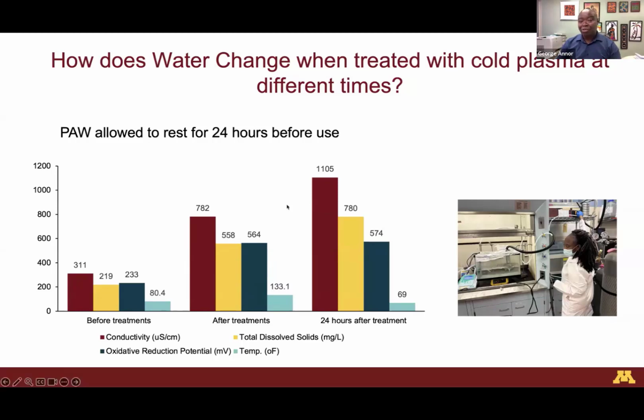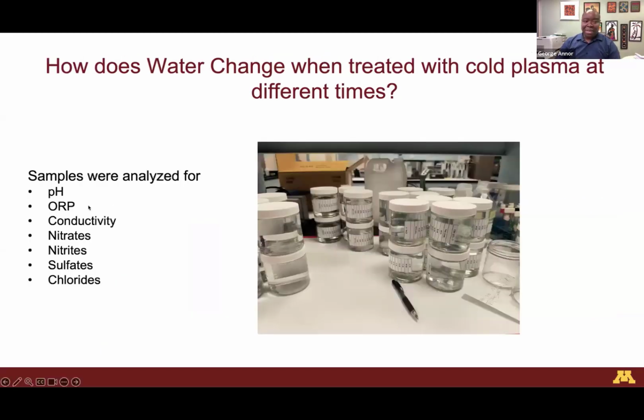But after 24 hours of just letting it sit, we saw an increase, which means that water is still reactive. If you use it right after treatment, it is going to be a different water the next day, if you were doing an experiment that would have to use the same water that you treated. So for this group, we usually keep our samples stored for at least 24 hours before we use them for any experiments.